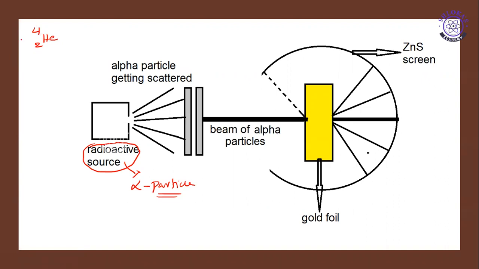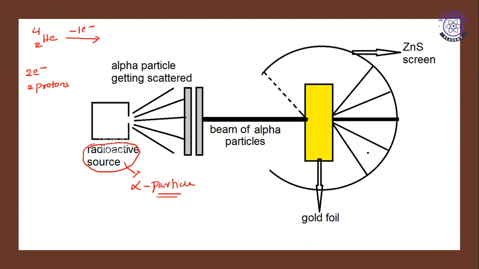Helium is a neutral atom because in helium we have 2 electrons and 2 protons, meaning 2 negative charges and 2 positive charges. That is the reason helium exists as neutral. Now from this I am removing 1 electron.